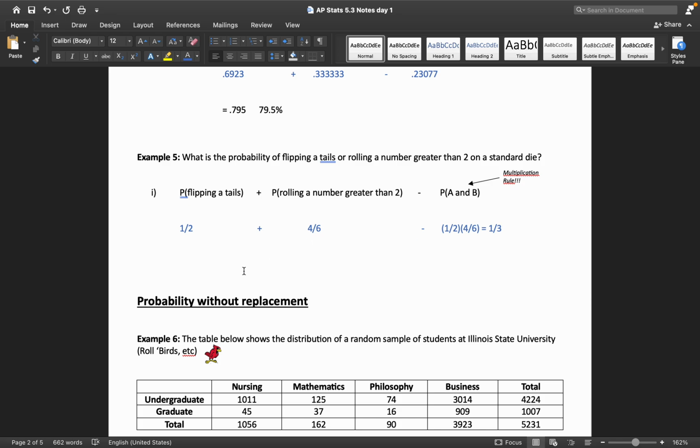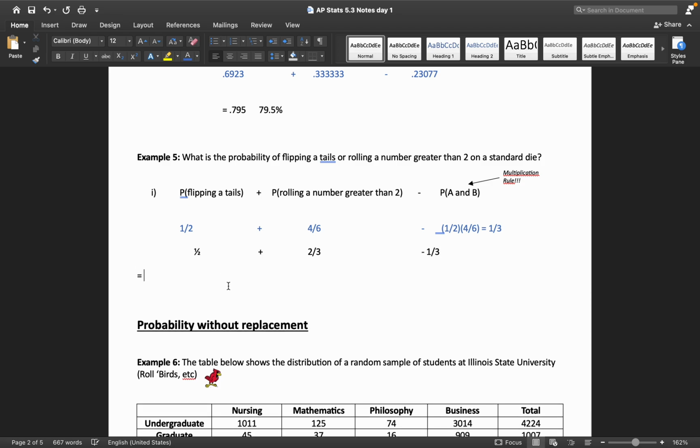So I have 1/2 plus 2/3 minus 1/3. So it's a half plus a third, which is 0.83333. 0.5 plus 0.33 repeating. It's 0.83 repeating, or 83.3% chance that you would get a tails or roll a number greater than 2.